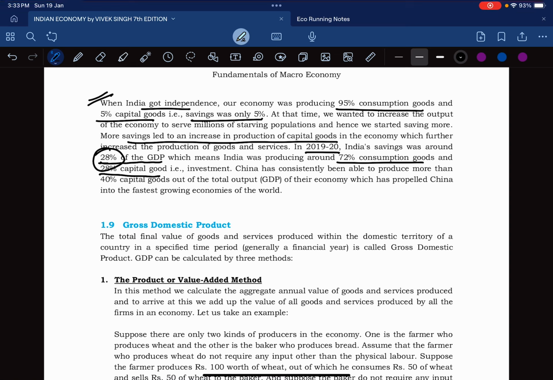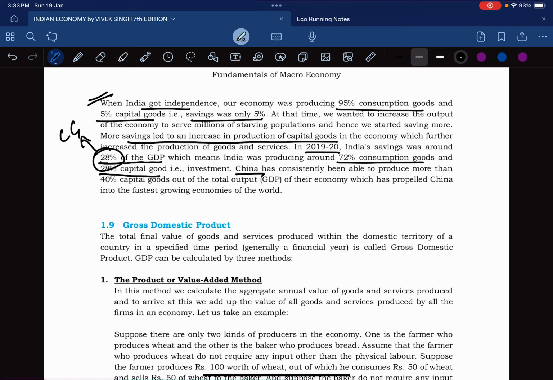Since India's savings were 28%, savings means capital good, so the capital good was 28%, right? And we need to further improve this so that we can grow our economy faster.